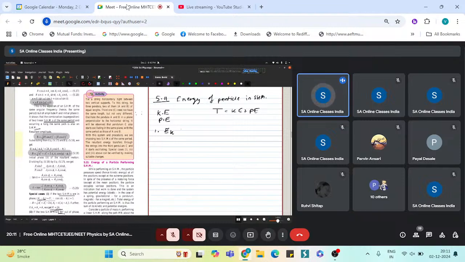The derivation for kinetic energy is pretty simple. We know that in general, any system has kinetic energy equal to half mv square. And we have also derived the formula for v.